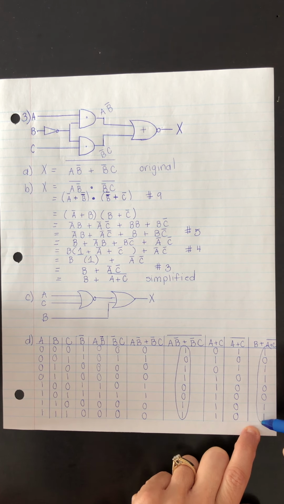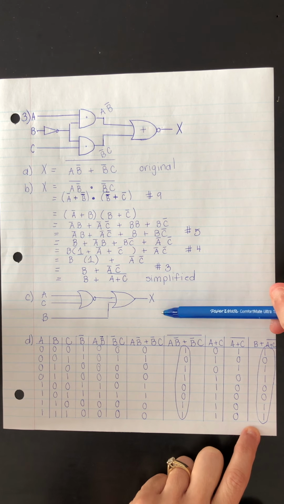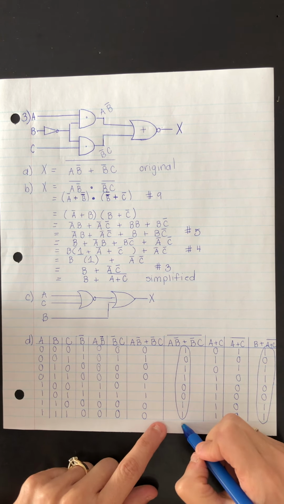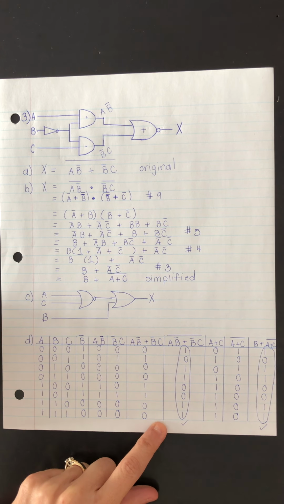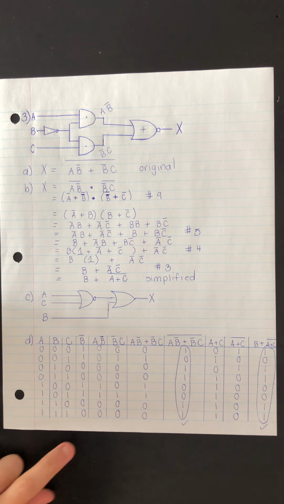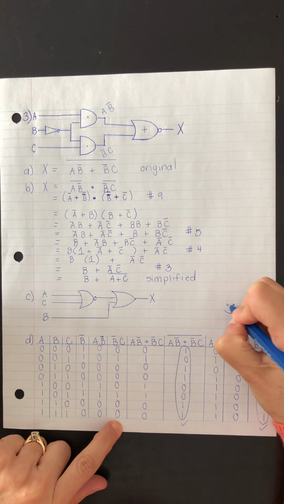So that is the expression corresponding to this circuit and this simplified expression. Now look how cool, they match. What a relief after all that work. Okay, so one more happy face and we are done.